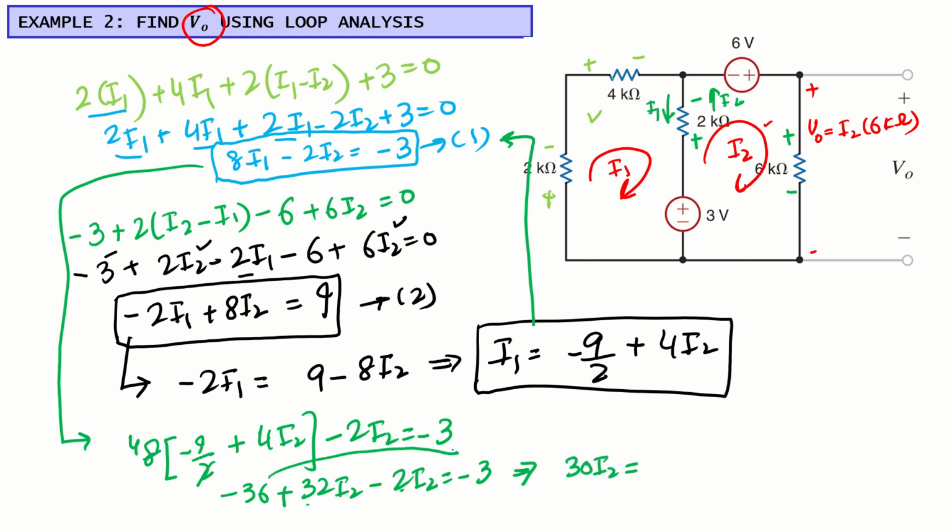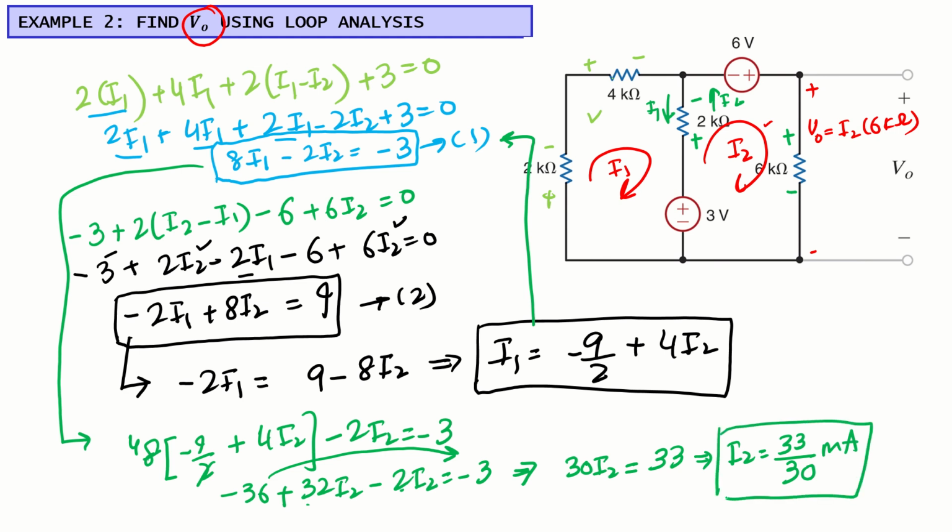This minus 36 will go to the other side, so plus 36 and minus 3, that will be 33, right? So the value of I2 will be 33 divided by 30. And because we used K, it will be milliampere.